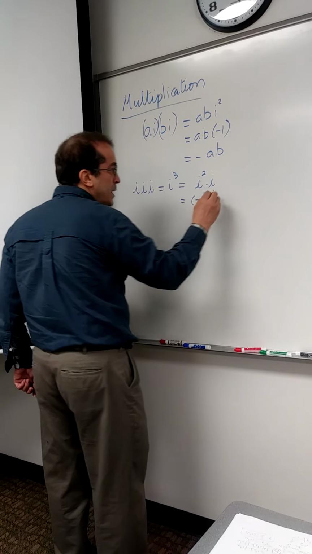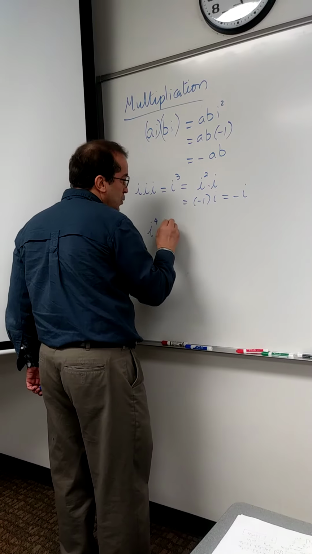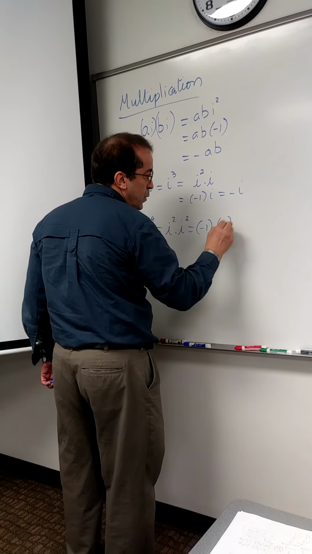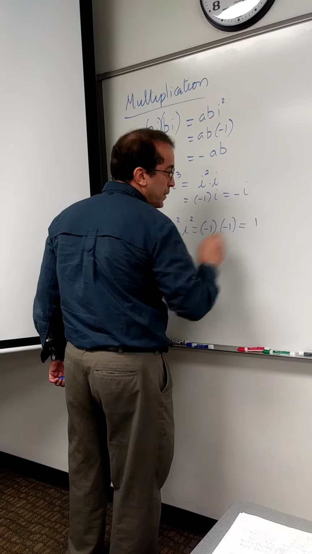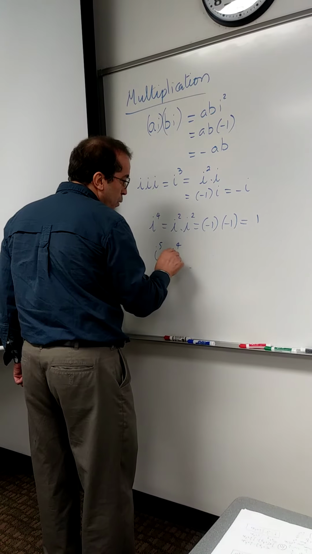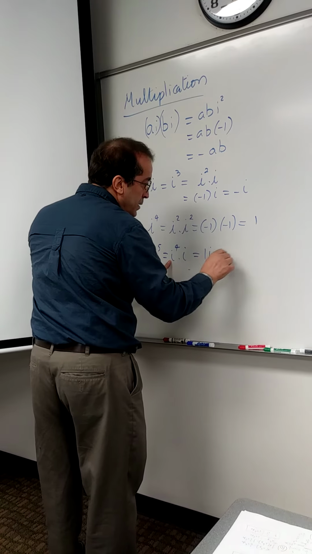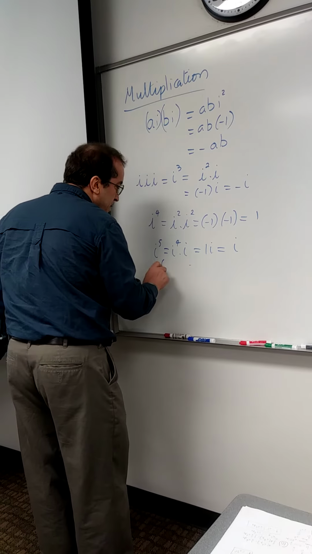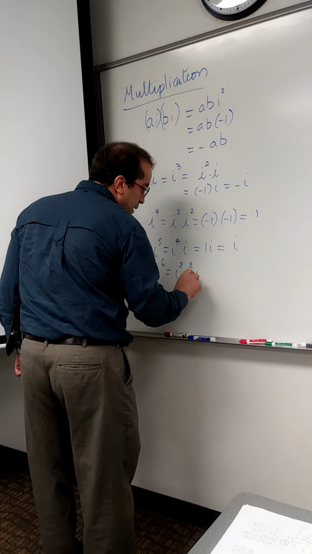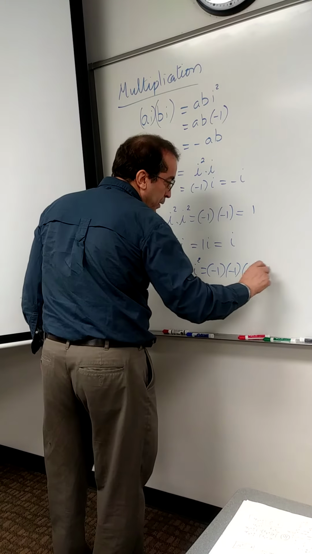So i cubed is the same as minus i. i to the fourth would be i squared times i squared, which is minus 1 times minus 1, and that's equal to 1. i to the fifth, you can write as i to the fourth times i, but i to the fourth was 1, so this is 1 times i, which is i. And i to the sixth, you can write as i squared times i squared times i squared, which is negative 1 times negative 1 times negative 1, and that's negative 1.